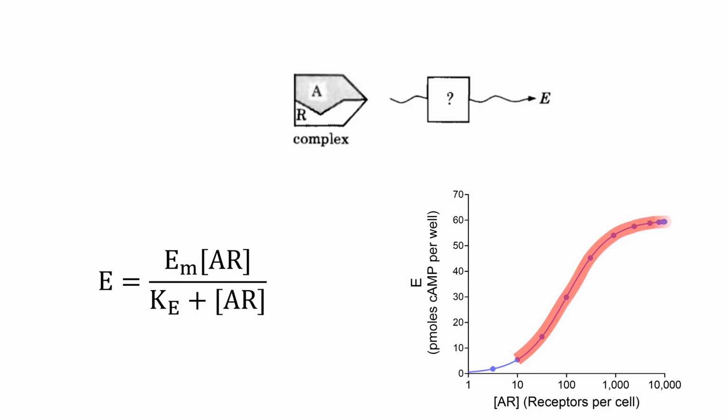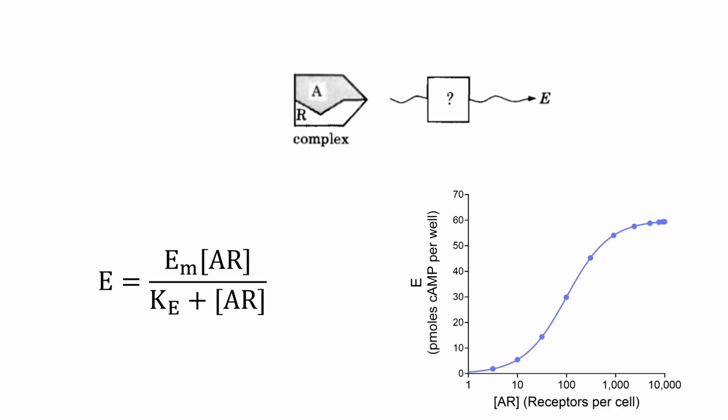As we increase the agonist-receptor complex concentration, we increase the level of signal. Then we reach a point where we saturate the signal generating capacity of the system, evident as this plateau here. In mathematical terms, this equation is a rectangular hyperbola.